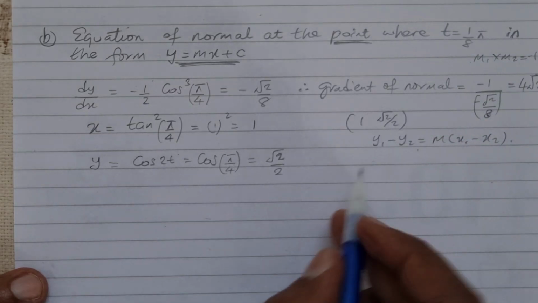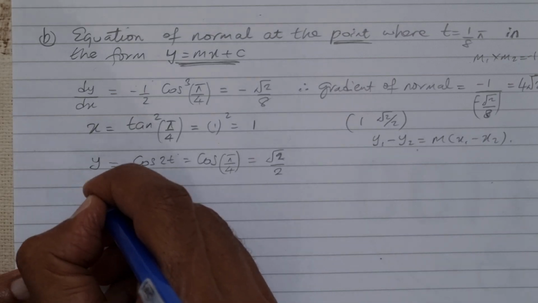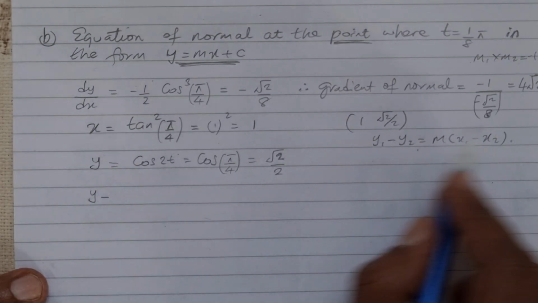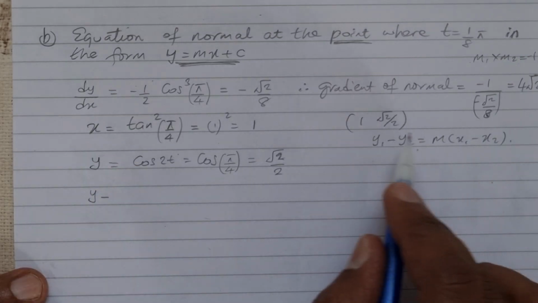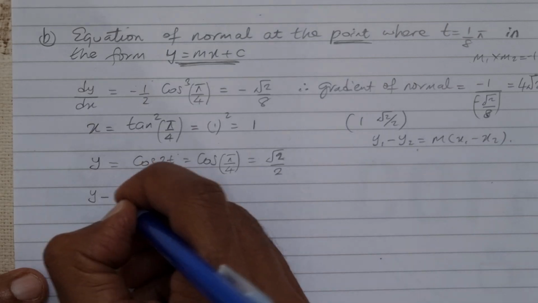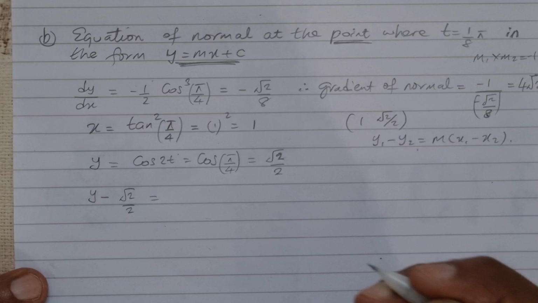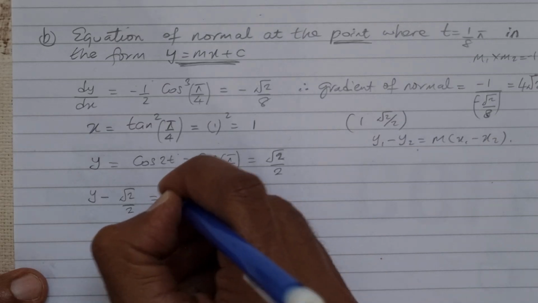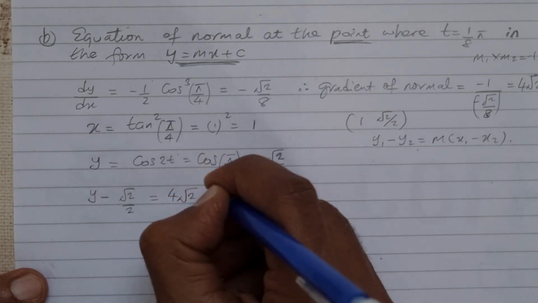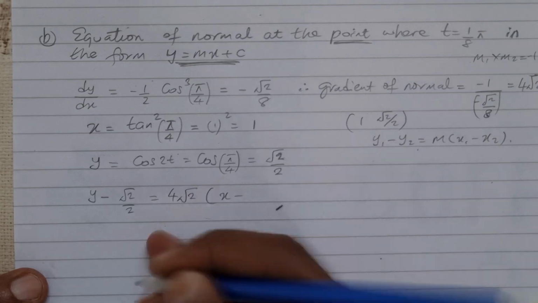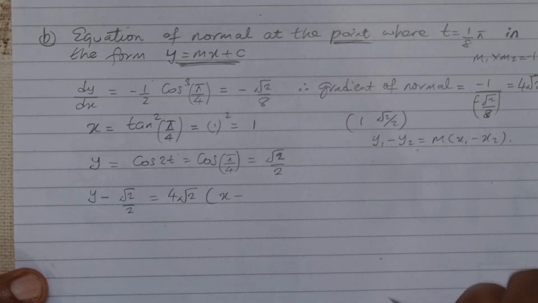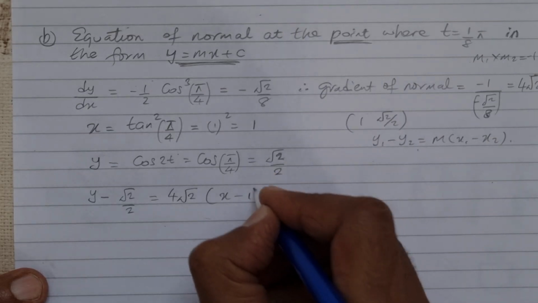Right away, y minus the y coordinate, which is root 2 over 2, is equal to m, the gradient, which is 4 root of 2, we just found that, into x minus the x, which is now 1.